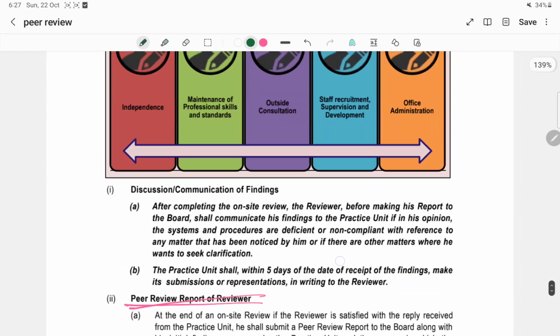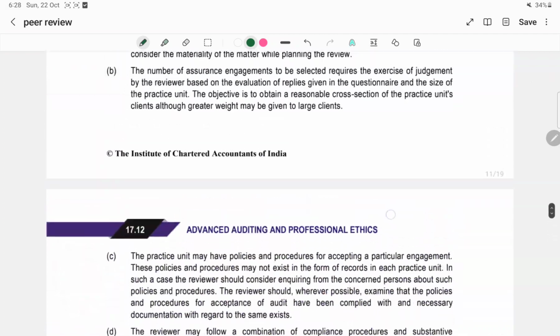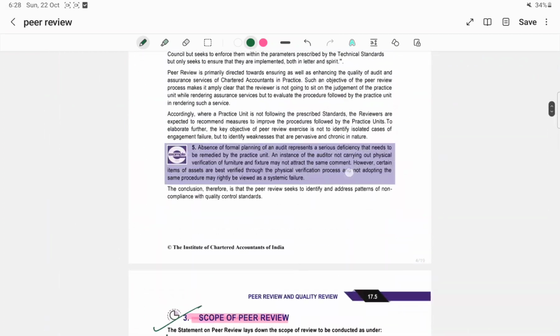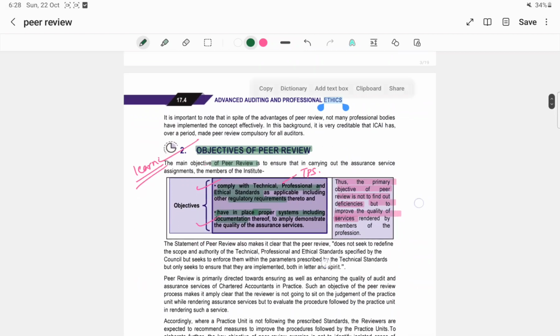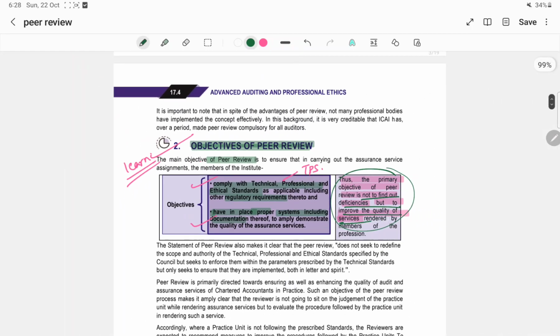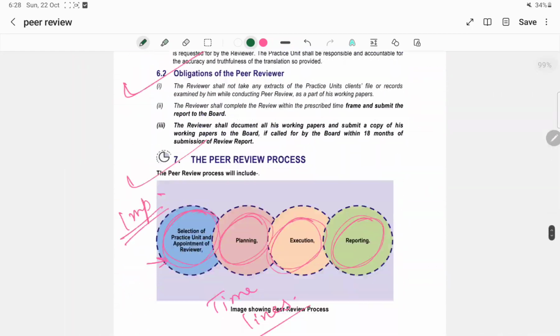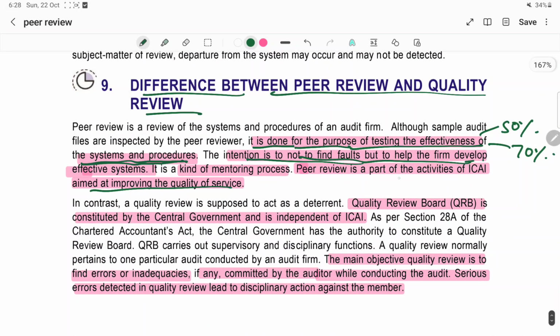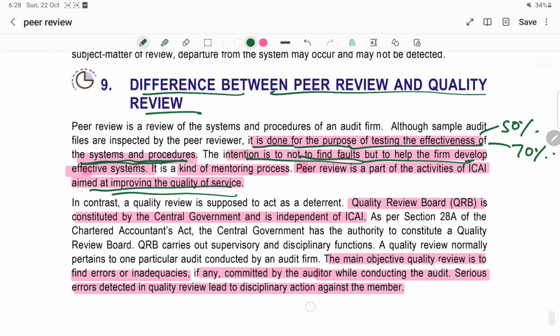If I show you here also, see, in objectives it was given: the objective is not to find the deficiencies but to improve the quality of services. Likewise, here also in the last page it is given, not to find the faults but to improve the quality of service.